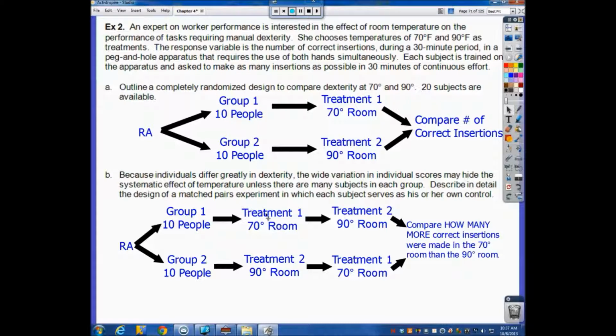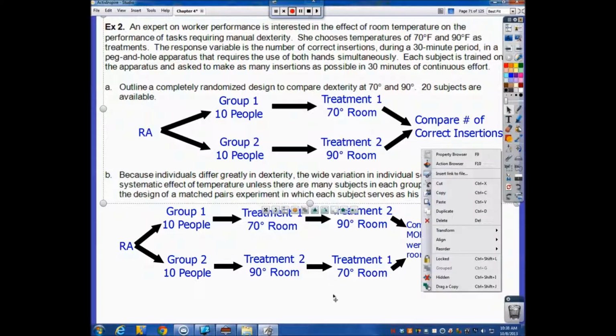Versus if people already started out in the 70-degree room and that's what they expect, maybe they didn't work twice as fast because they weren't subjected to an extreme 90-degree heat in a room. And then when they go to the 90, they're very overwhelmed, and obviously work production may slow down significantly then.